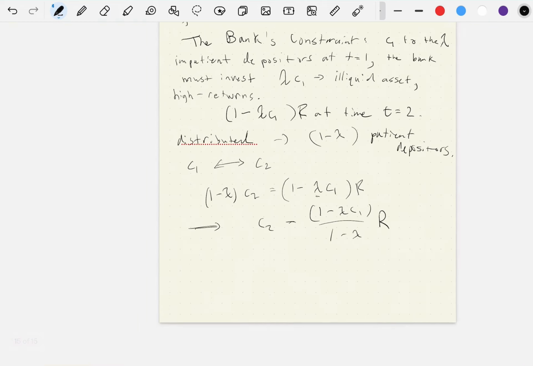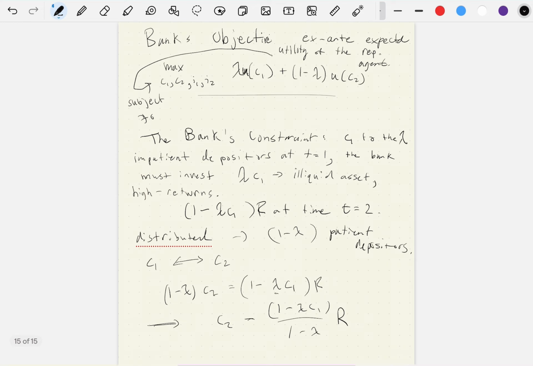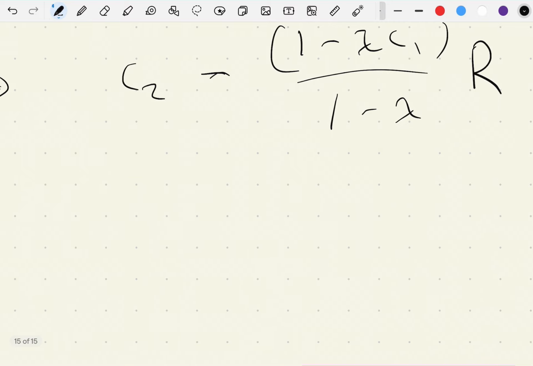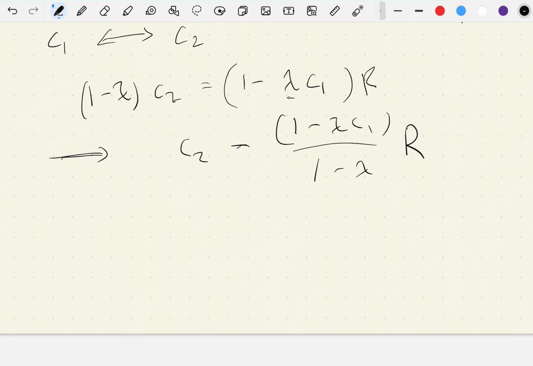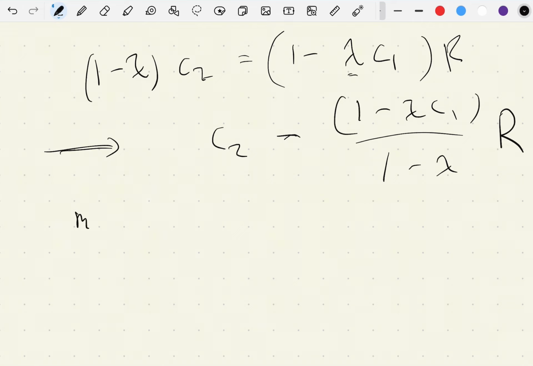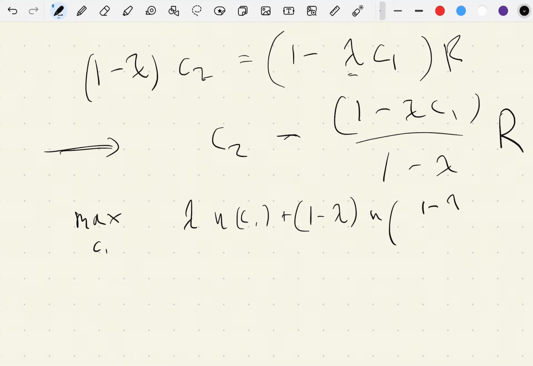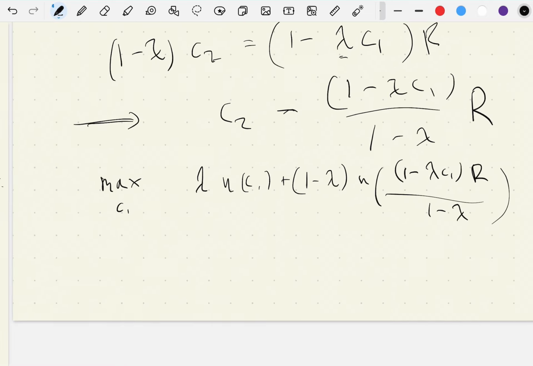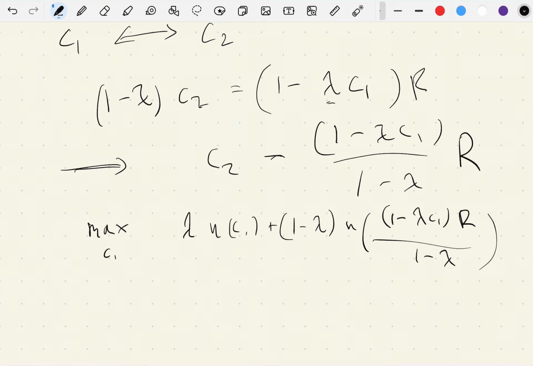Okay. Now what we need to do is optimize this. And in order to optimize this, we can substitute this constraint into the objective equation. With respect to C1, everything will then depend on the consumption, which is lambda times u of C1 plus 1 minus lambda times u of lambda C1 times R divided by 1 minus lambda.